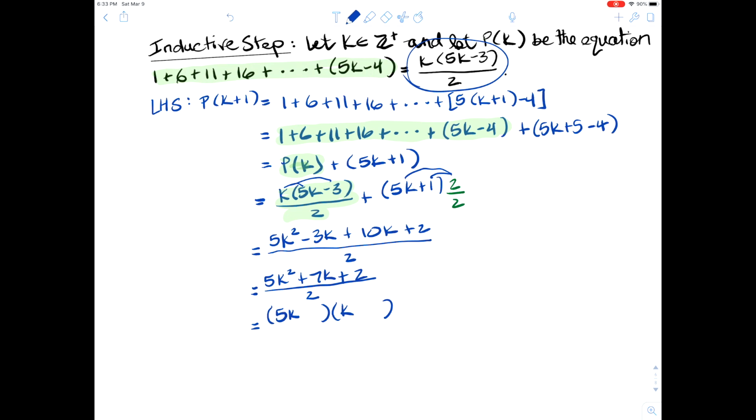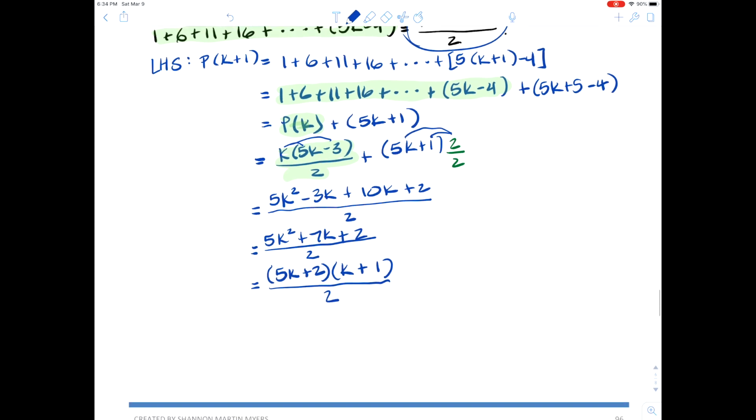So in order to get the 7K in the middle, we're going to have our 1 here and our 2 over here. And that's all over 2. Good so far?